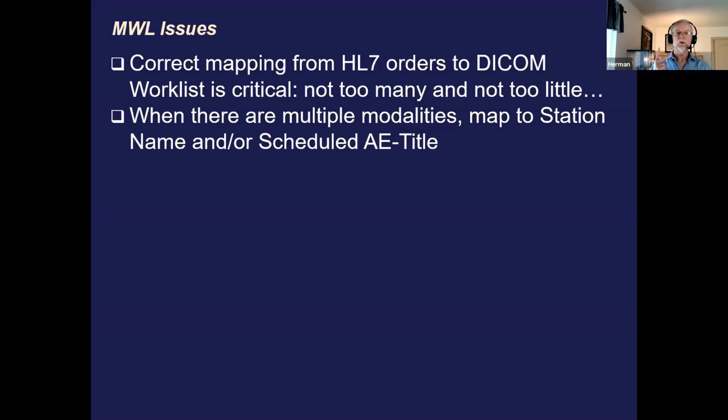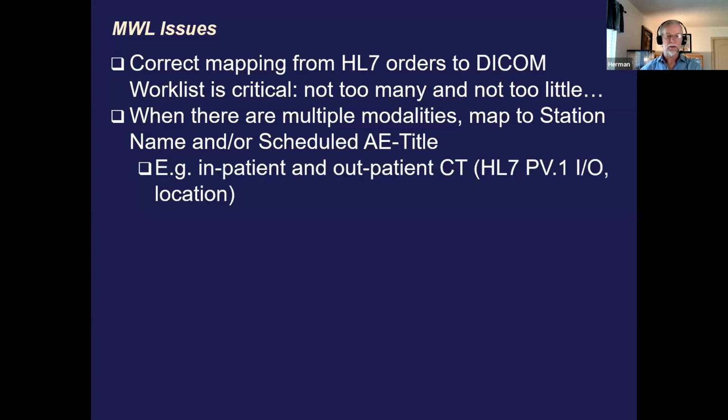Very simple. There are two identifiers in the worklist that you can query for. The first one is station name, and the other one is scheduled AE title. Most popular is scheduled AE title, station name is not always used. So how do we know what order goes to what particular station name or AE title?